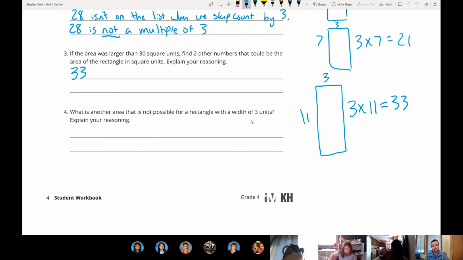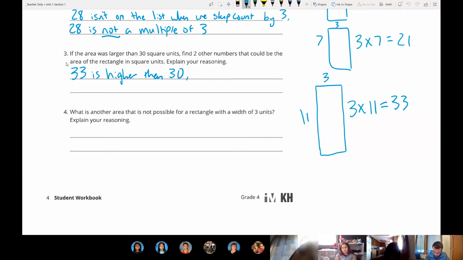Adelina, do you want to explain why? 33 is higher than 30 units. It's higher than 30, so it's larger than 30. Okay, but why does it work? Why does it work for a width of 3 units? If you count by 3s, keep counting till you're at 33.